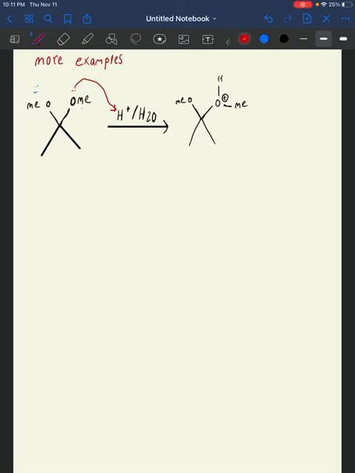And what's going to happen here is it's going to leave. That's going to give us this, which is actually an open orbital right here. H2O is going to come in and attack.